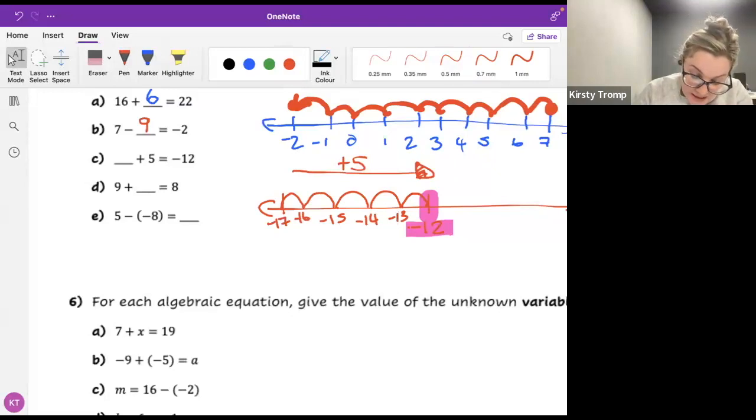So when I say -12 minus 5, that gets me all the way to -17. So my answer is going to be -17 plus 5 gives me -12.